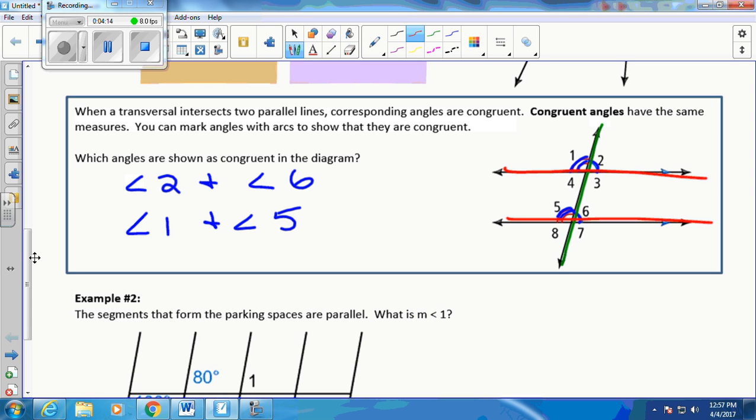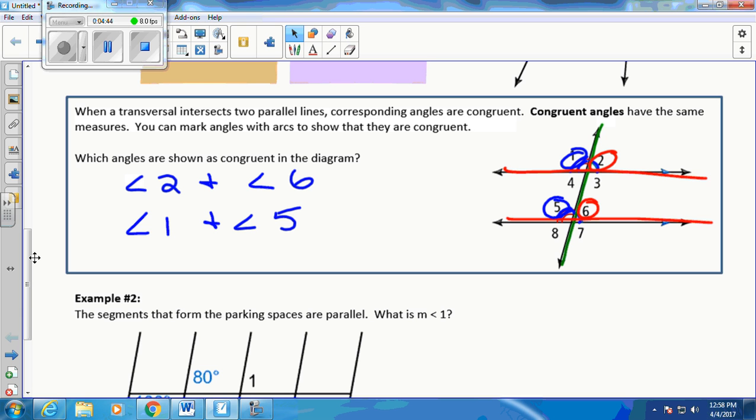So now, if you have a line intersecting parallel lines, your corresponding angles are now considered congruent. So if I was to say angle 2 and angle 6, they are corresponding angles, so they are congruent. They're both on the right side of the green line above the red lines. I can now also say that angle 1 and angle 5 are congruent because they are both on the left side of the green line above the red lines.